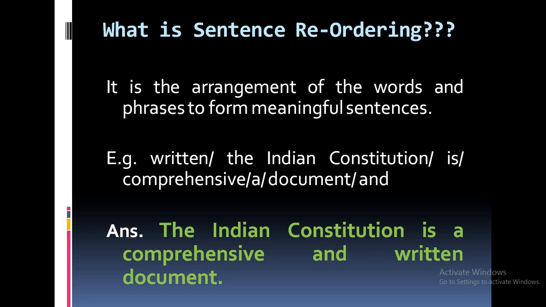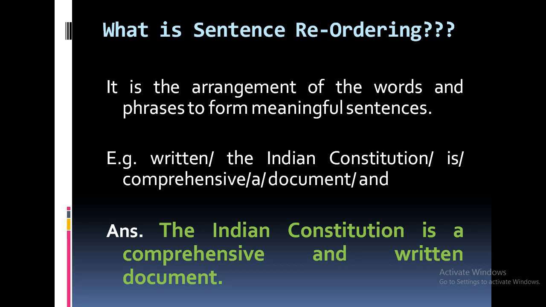So for example, see here, you will get questions like the way I have written here, where all the words and phrases will be in between 2 slashes. Okay, now see: written / the Indian Constitution / is / comprehensive / or / document / and. Now let me tell you about the parts of the sentence, whether it's a phrase or words.